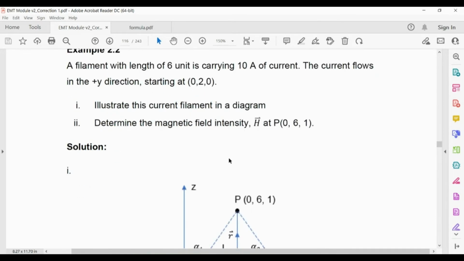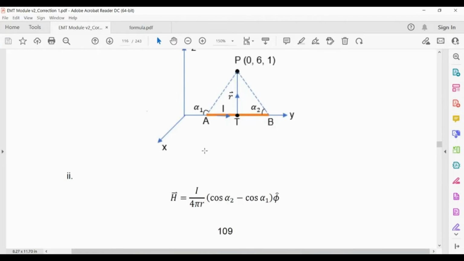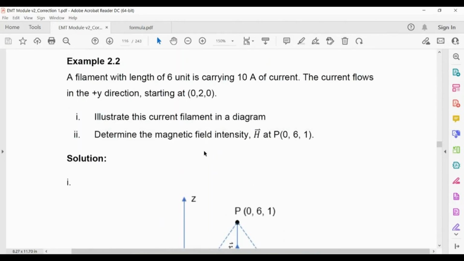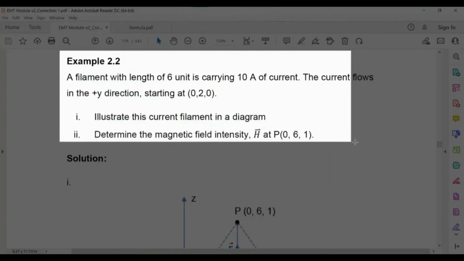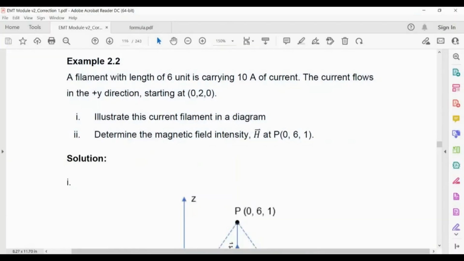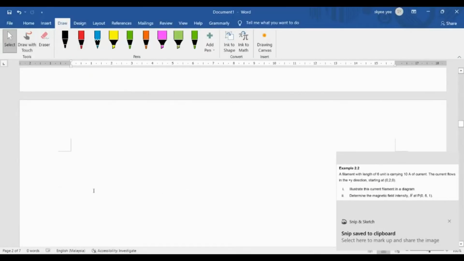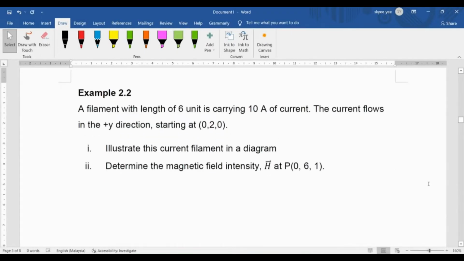Now we look at questions on page 109, which is Example 2.2. So now you have a filament.